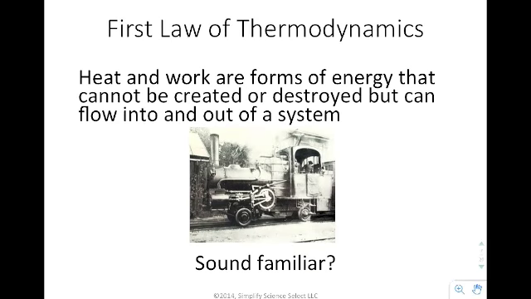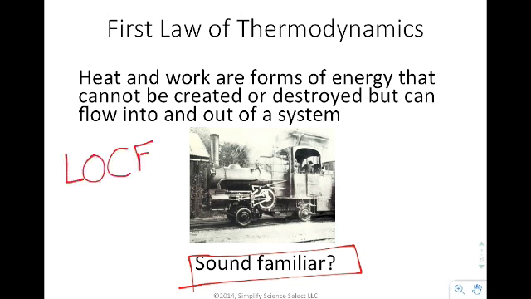The next one is the first law of thermodynamics. It says heat and work are forms of energy that cannot be created or destroyed, but can flow into and out of a system, and that should be very, very familiar. This right here is basically a restatement of the law of conservation of energy, which we talked about in Unit 5. It's the whole idea that you can take heat, you can take work, you can turn them into different things.